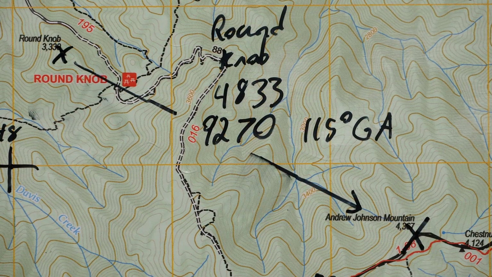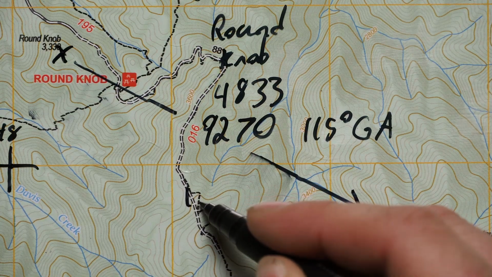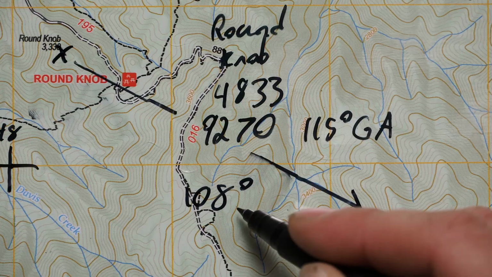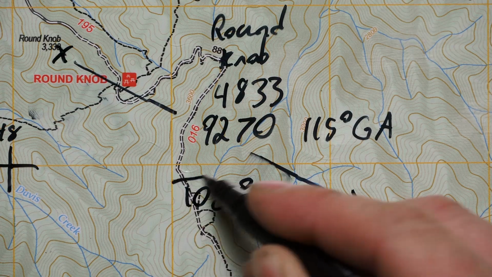So we want to convert 115 degrees grid azimuth to our magnetic azimuth, and our magnetic azimuth is offset from grid north, which is also true north on this map, by 6 degrees 57 minutes. And there's 60 minutes in a degree, so we'll go ahead and round up to 7 degrees.